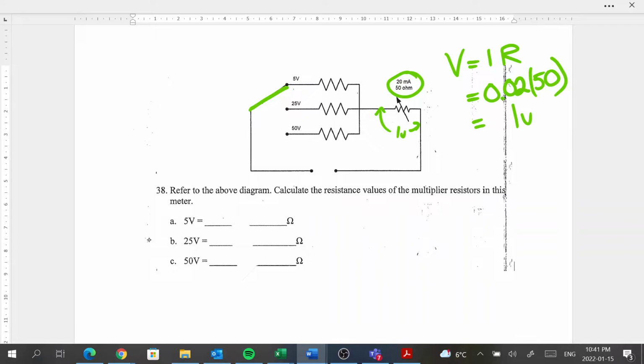Okay, so we've already determined that we're in the 5 volt range here, meaning that's the maximum voltage that the voltmeter in this state can read.